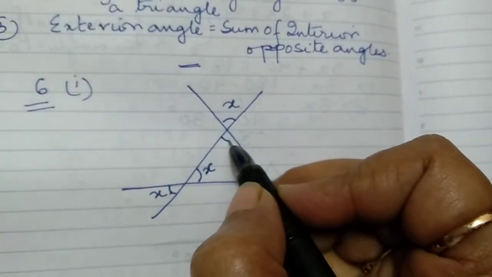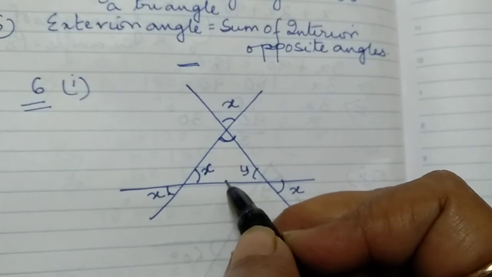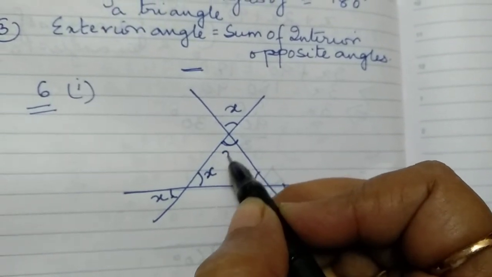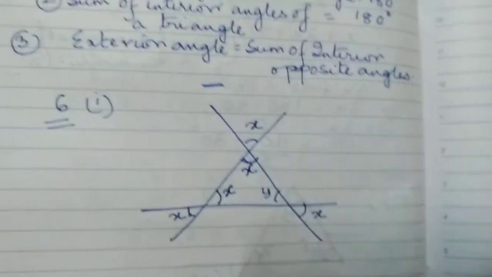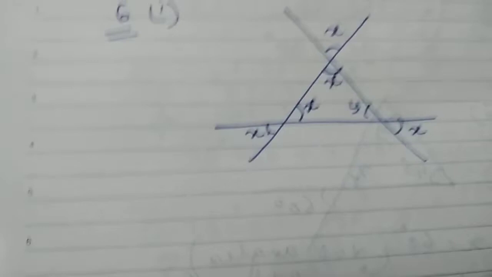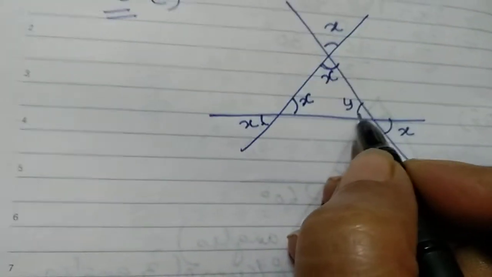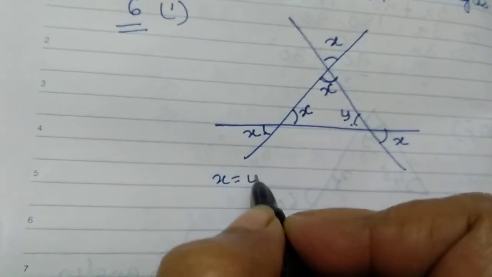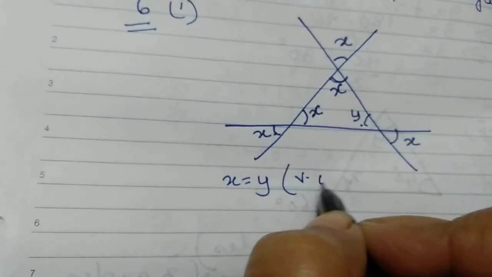Now, this angle will also be x. Yes? Vertically opposite angles. Now, I am supposed to find out the value. Now, have a look at this angle. X will be equal to y, vertically opposite angles.